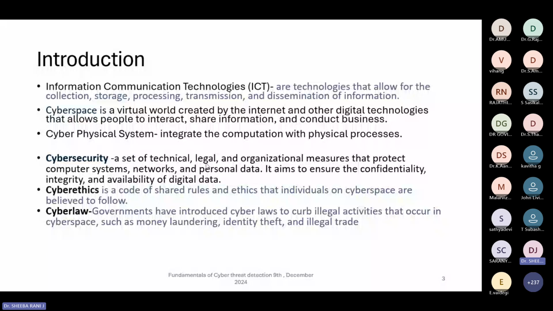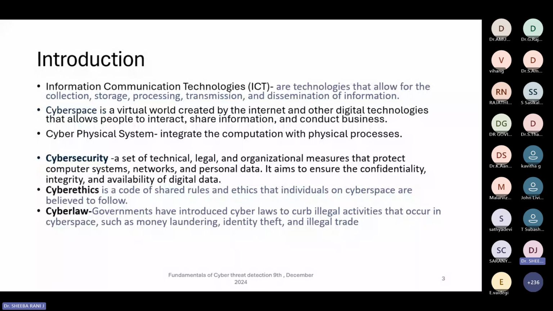These are the three major objectives. If you are defining or designing a cyber security environment, we have to maintain confidentiality, integrity, and availability of digital data. That means without any attacks or tampering of the data, it has to be available.